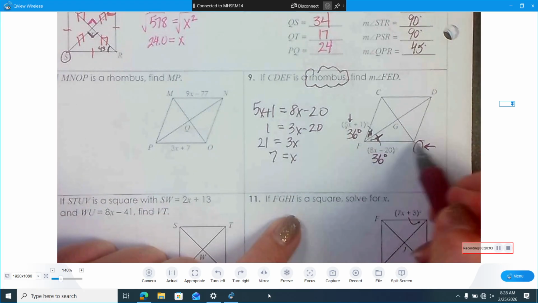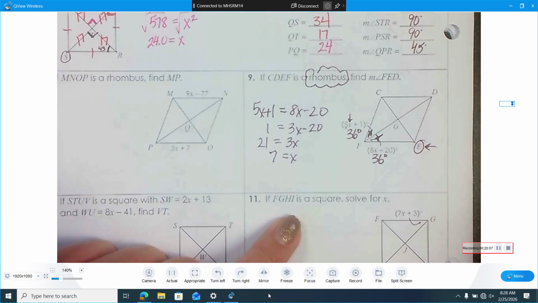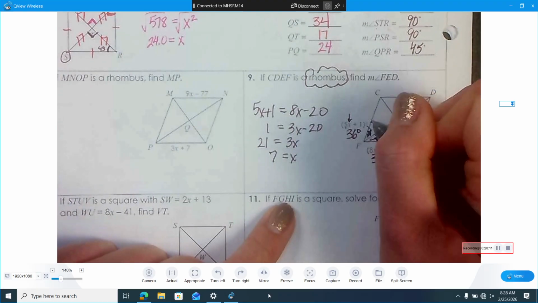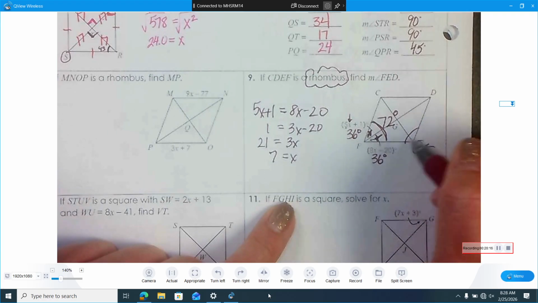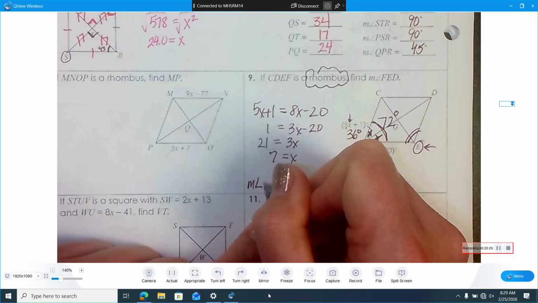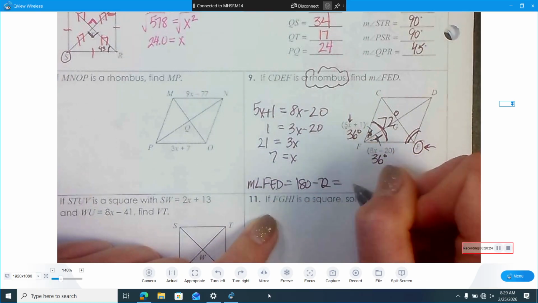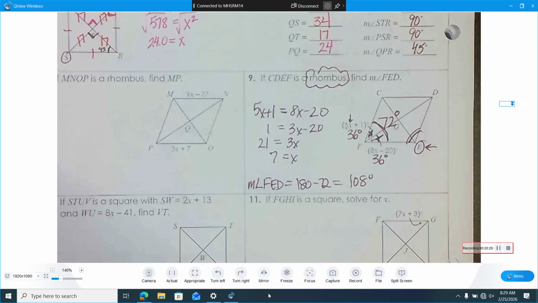What do we know about the consecutive angles? Yeah, they're supplementary. So if this whole angle is 72 degrees, how do I figure out this whole angle over here? 180 minus 72. The measure of angle FED is going to be 180 minus 72, which is 108 degrees.